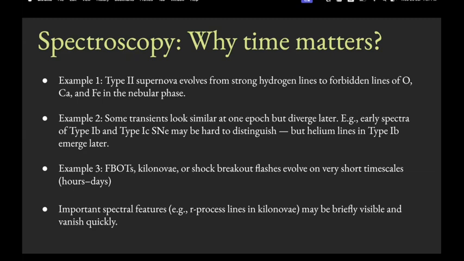Also, if we collect spectra again and again and see that an event evolves over hours to days, then we are more confident that it could be a fast blue optical transient, a kilonova, or a shock breakout class.